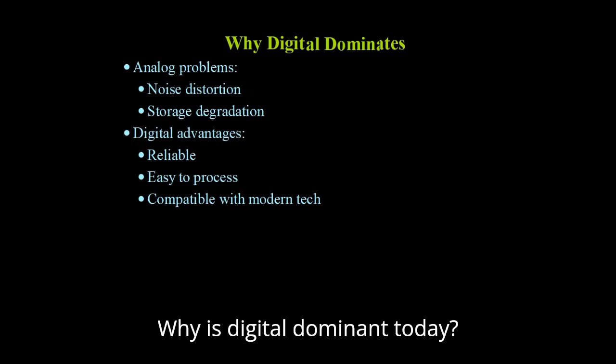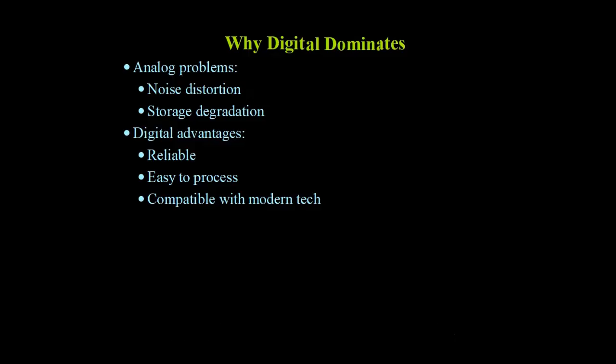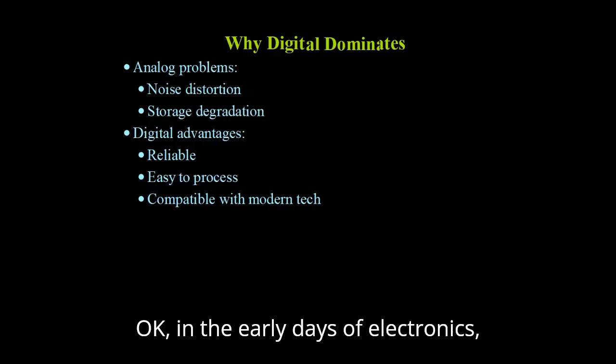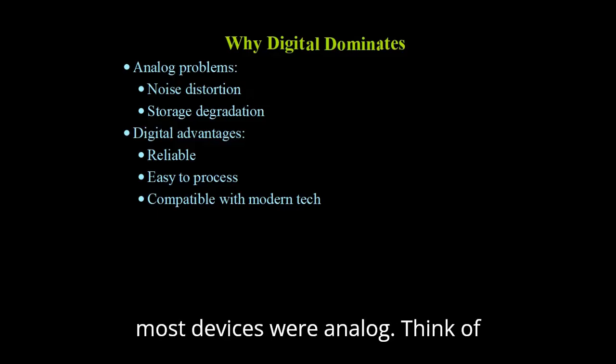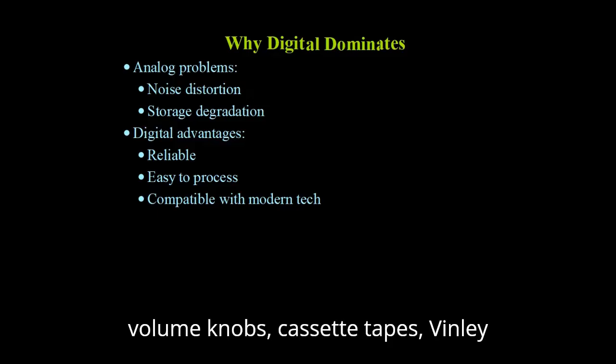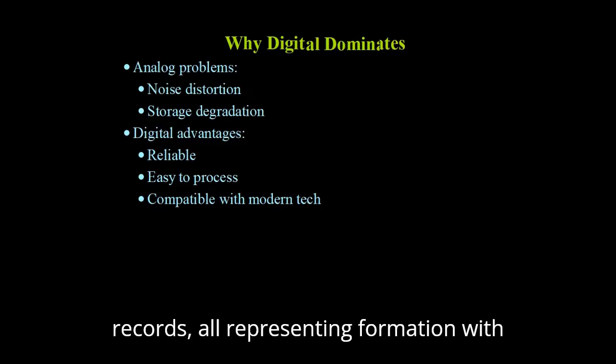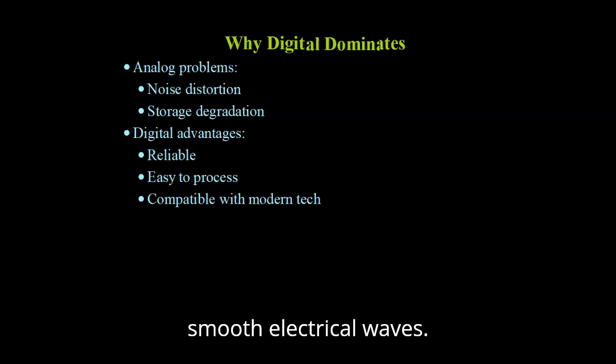Why is digital dominant today? In the early days of electronics, most devices were analog. Think of volume knobs, cassette tapes, vinyl records, all representing information with smooth electrical waves. But engineers ran into problems. Analog signals distort easily.